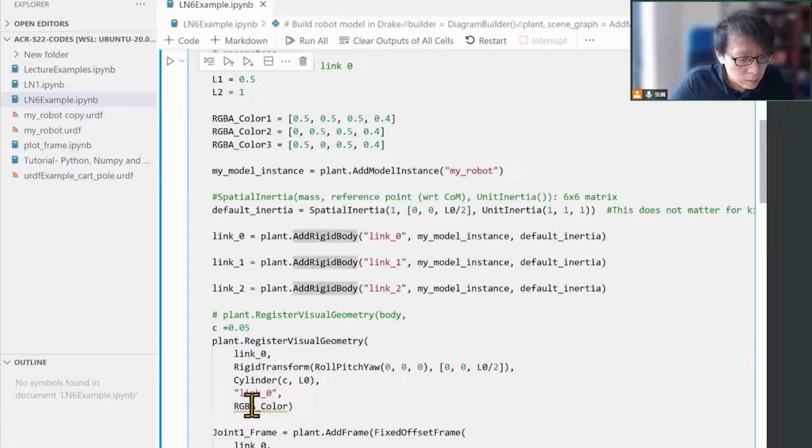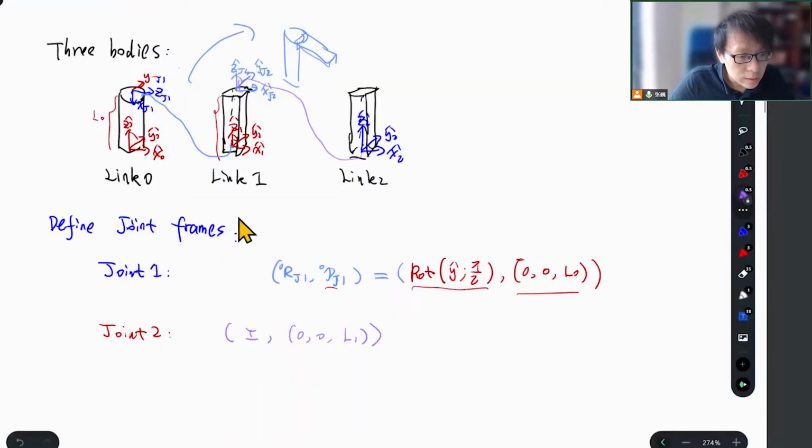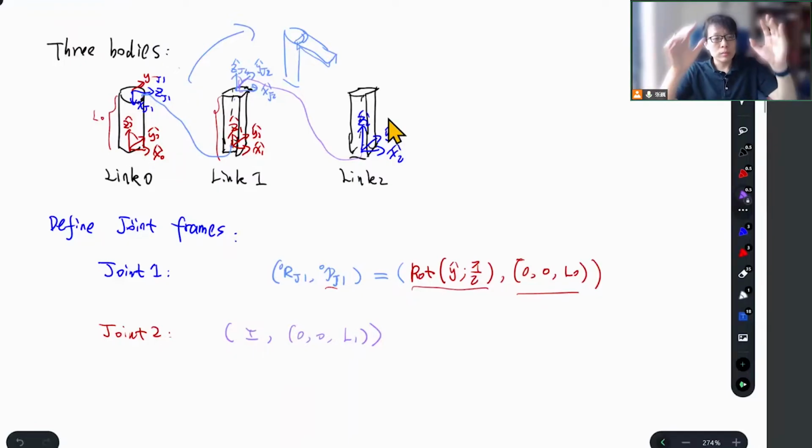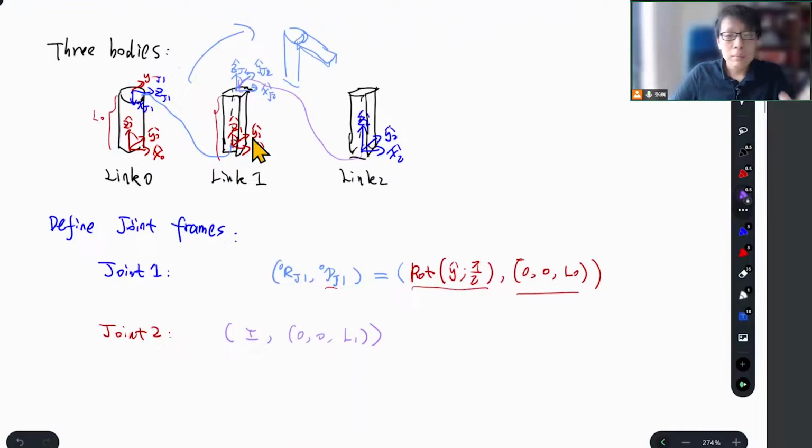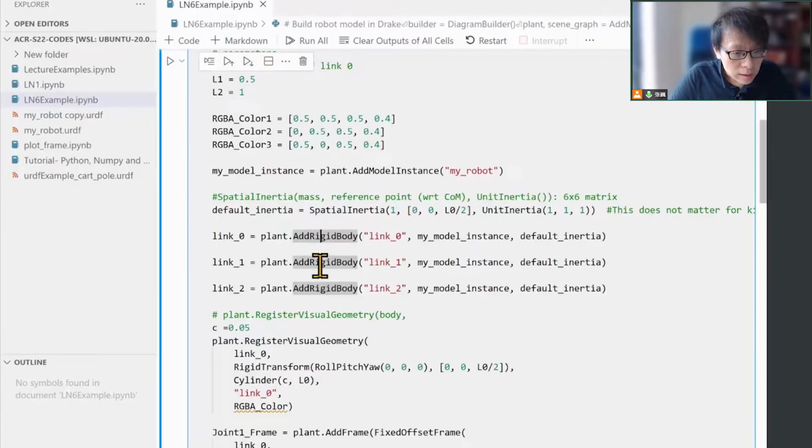After these 3 lines, what we have is just these 3 things in the system with some local coordinates, but we don't know how they are related yet, and we don't know how their geometry looks yet. So that only adds 3 bodies, and we call them link 0, link 1, link 2. These links are added to the model instance we just created, which is called my robot.